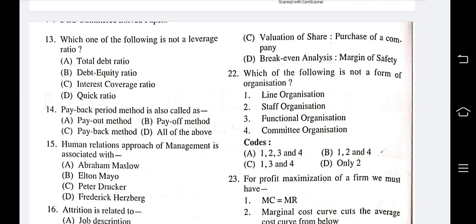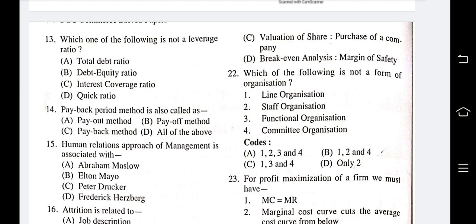Then next question 14. Payback period method is also called what? Payback payout method, payback method, payoff method, all of these. Here the correct answer is payback method. The payback period is the time required for the amount invested in an asset to be repaid by the net cash flow generated by the asset.